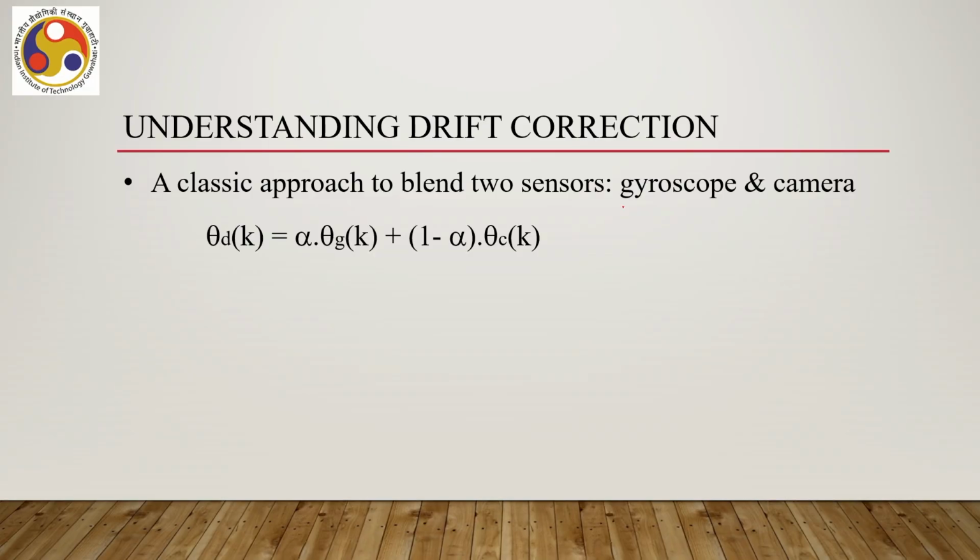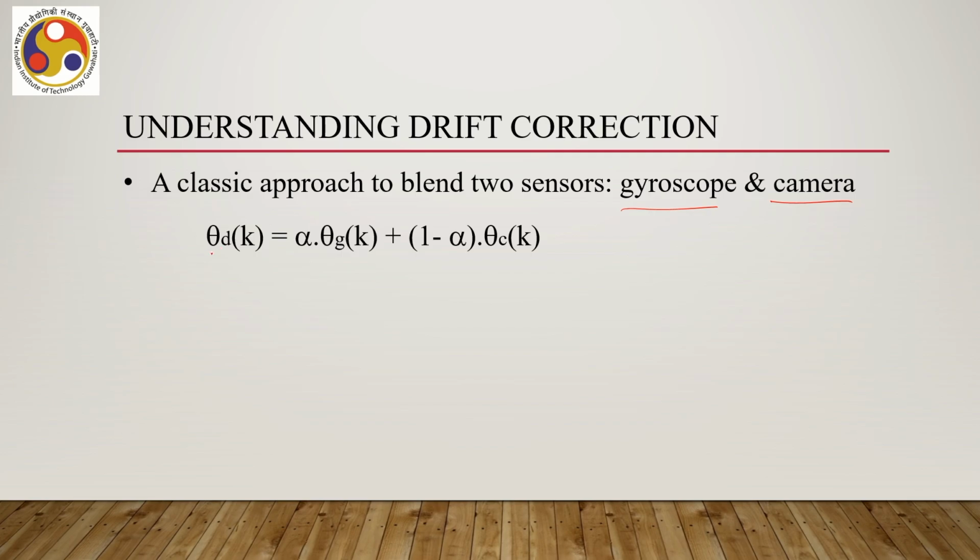So, we have at least two sensors and we need to blend their values to estimate the drift and correct it. A classic approach to blend the two sensors, say in our IMU sensor example, a gyroscope, and there may be a camera present separately, or maybe a magnetometer or an accelerometer.